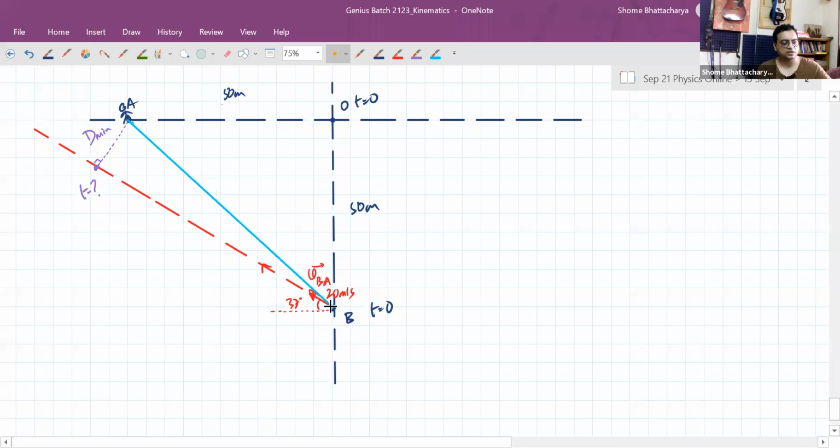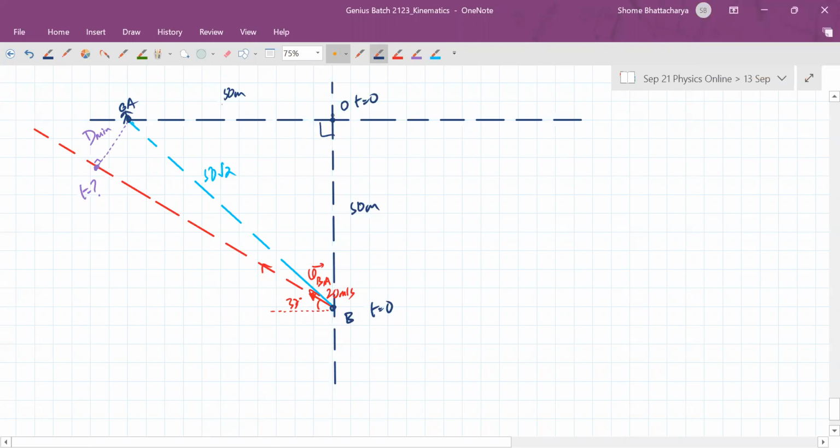I draw another line here. So I can see this is 50√2, the hypotenuse of this triangle, right?